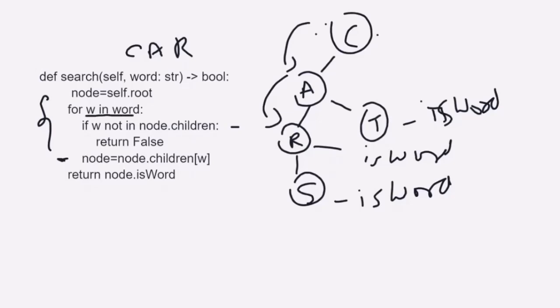So first C, then A, then R, and our word has ended. We come out of the loop and return node.isWord. So we will check if at R, isWord is marked as true or false. If it is marked as true, we return true. If it is marked as false, we return false. Alright, this is how the search runs in trie.